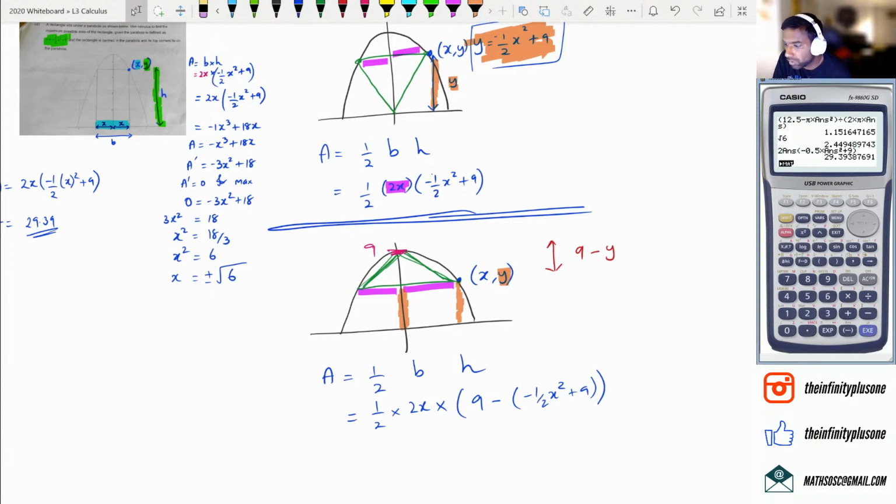I apologize, I've missed a whole lot of comments and questions there, but it depends, TS, where the base of the shape that you're trying to find is. Because if it's symmetrical, then yes, it's going to be 2x. But if it's not, it's going to be different.